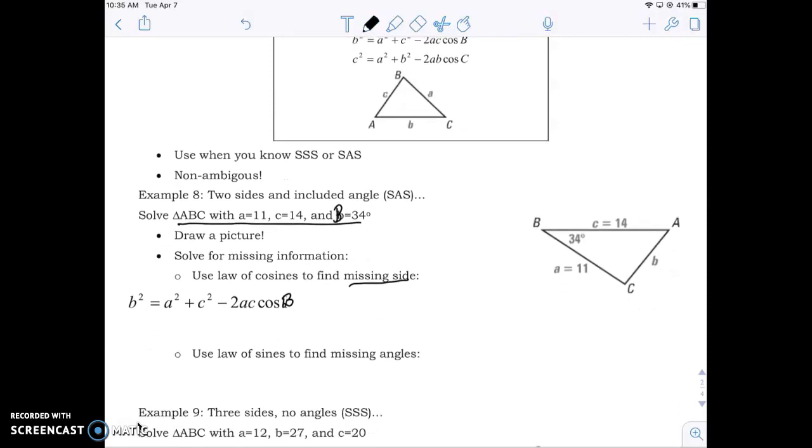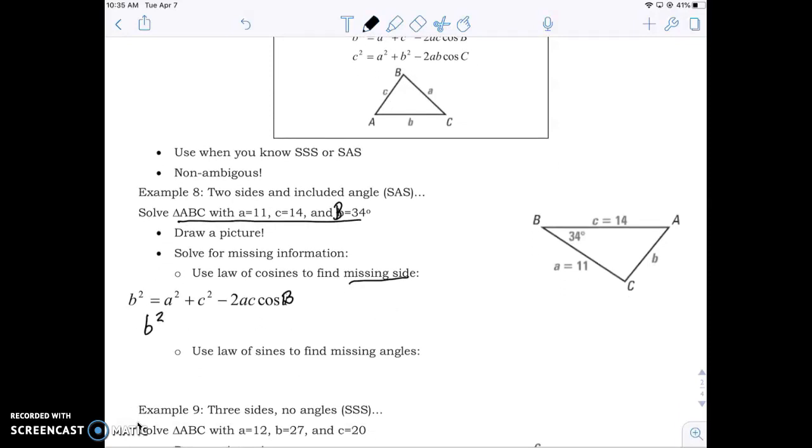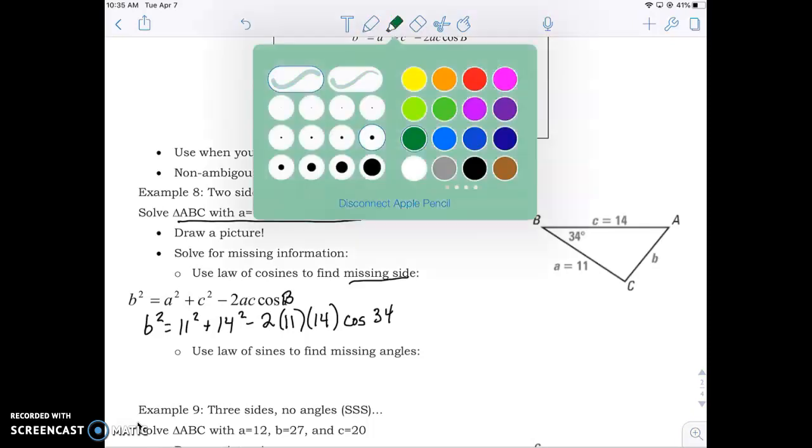Now let's substitute in. B squared equals, what's the length of A? Good job, 11 squared. What's the length of C? 14 squared. Now, this will be 2 times A times C times the cosine of angle B. Let's do some color coding because this is exciting, right?